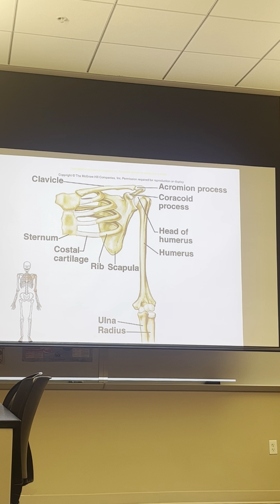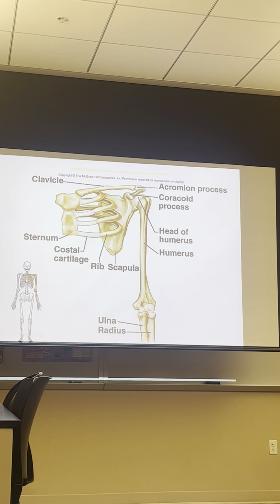Because there's so much going on here and it's all connected and interwoven together, it's very easy for somebody to have some type of musculoskeletal issue with their shoulder girdles. Anybody here had a shoulder problem at some point? It's very common, especially if you play sports, especially what we call overhead sports. Can you give me some examples of an overhead sport?